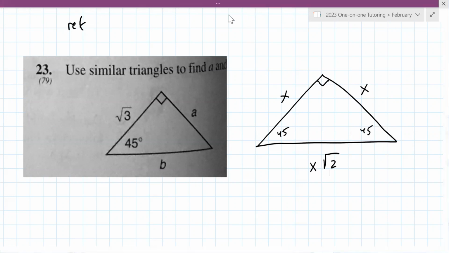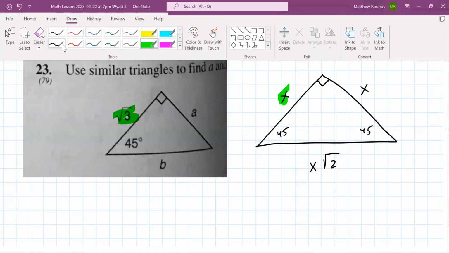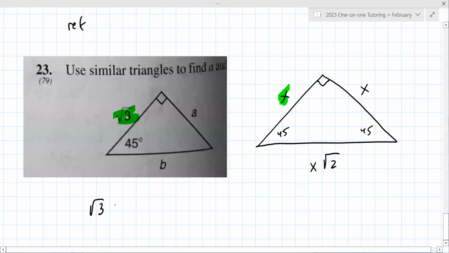So just like in the previous problem, you set the known side equal to the reference side. Square root of 3 equals x. And you immediately know that the other leg is x as well. So a is also the square root of 3.